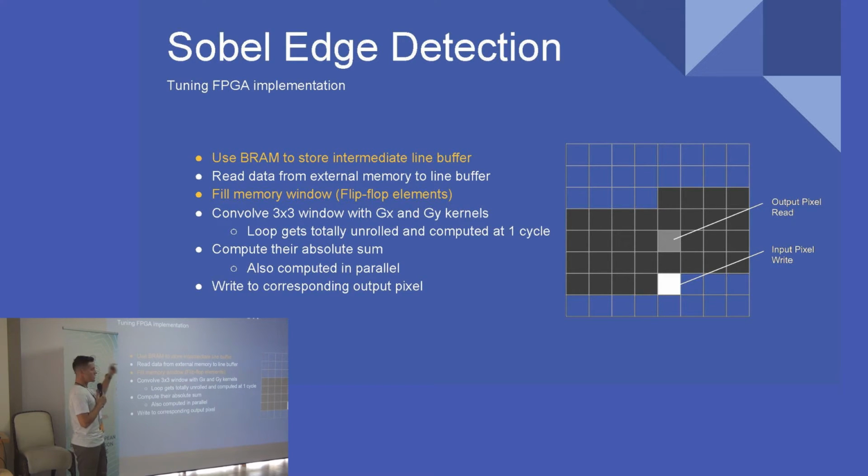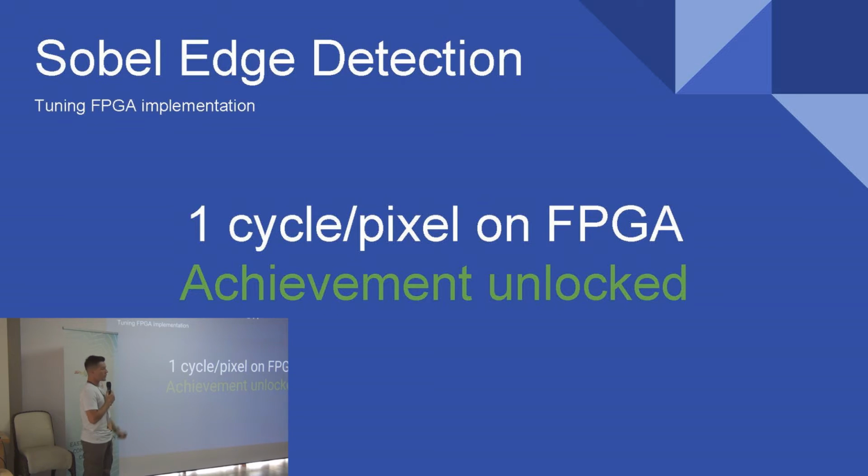We read 1 pixel from our input stream, put it in our buffer, and from this buffer we fetch all 9 block instances at zero cost, and that's why we access only 1 element per cycle. Here's how we can achieve our 1 cycle per pixel processing data rate.